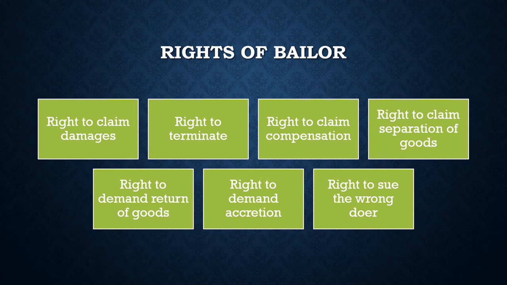Say for example, A delivered goods to B. B was a debtor to C, and since B could not pay back the money, C has attached the entire property of B including the goods. A can file a suit against C to recover the goods, because the action of C is disturbing the contract of bailment between A and B. Got the point?